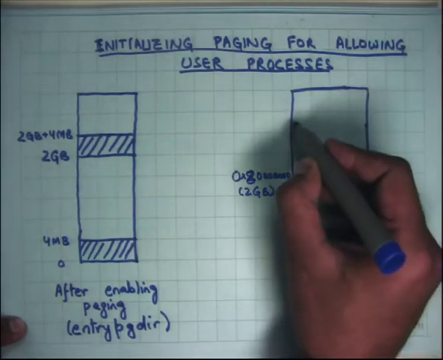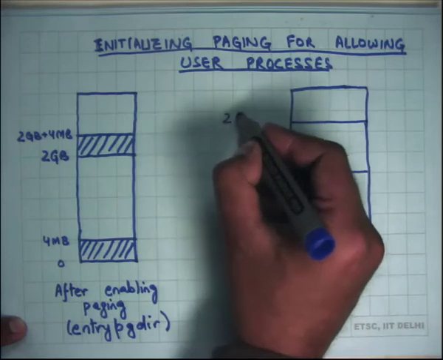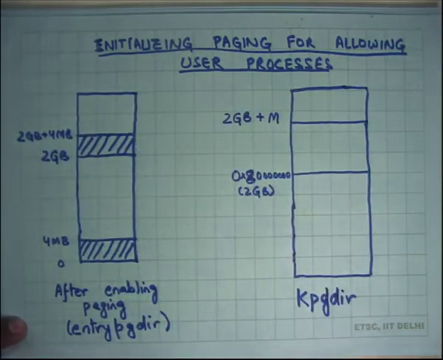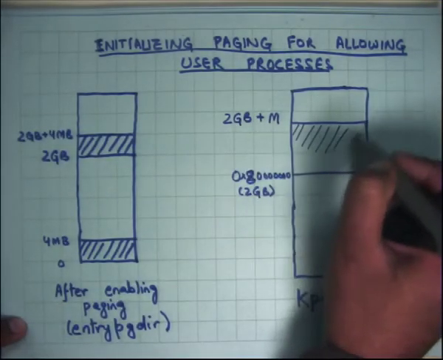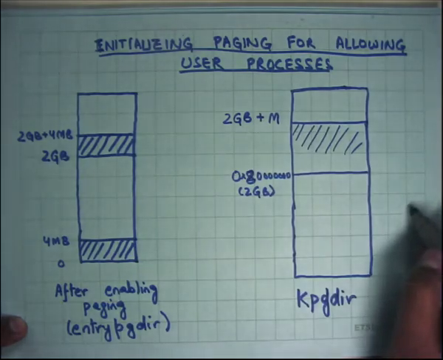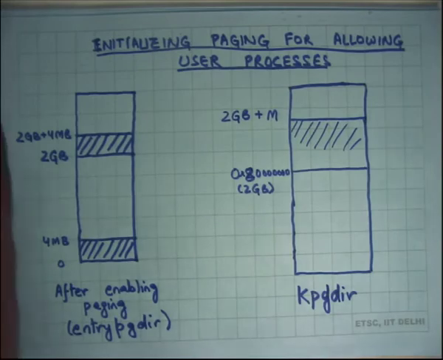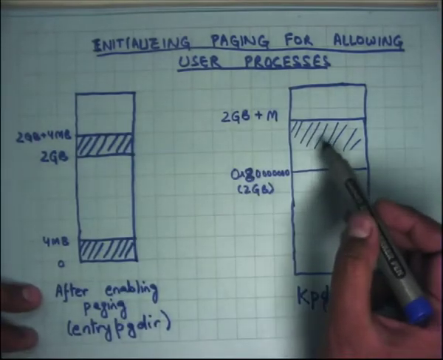So I'm going to say 2 GB plus M, and this is entirely going to go to 0 to M in physical memory. That's what I want. We're going to look at the code later, but let's just see what we want. We want to map the entire physical memory here.